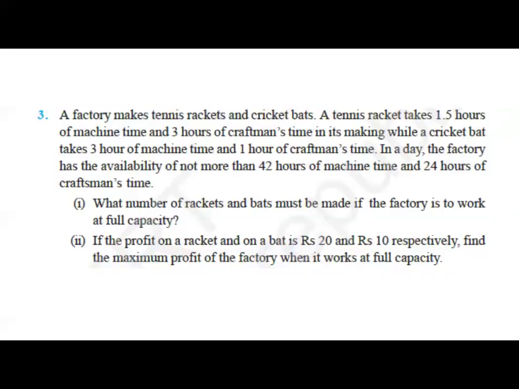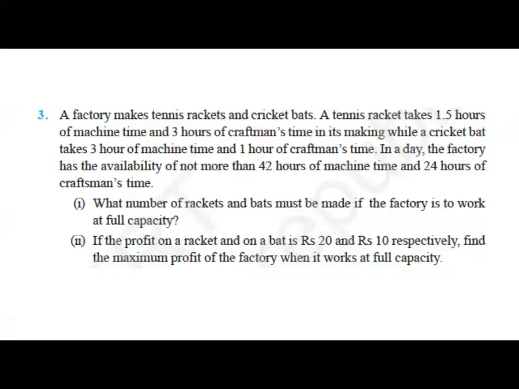They're all similar actually. So what are we trying to maximize? Profit. We're trying to determine how many tennis rackets and how many cricket bats to produce. All product mix problems are of this form: how many tennis rackets and cricket bats to produce to maximize our total profit.